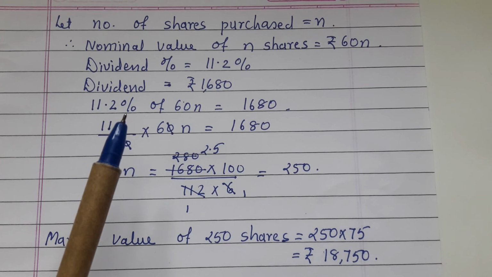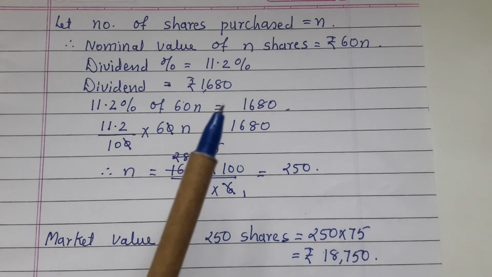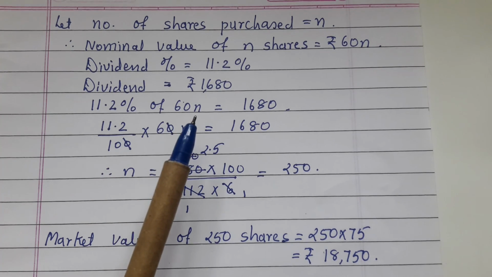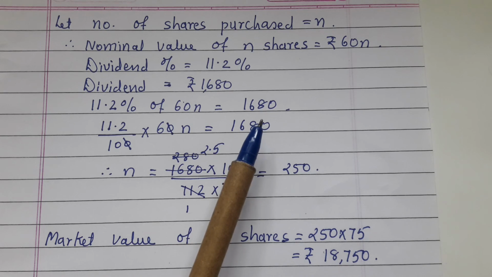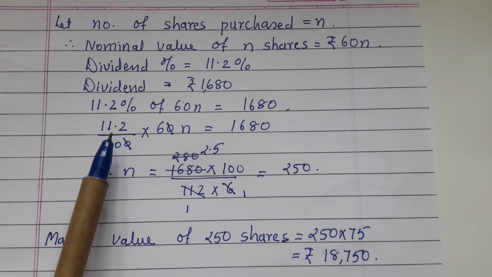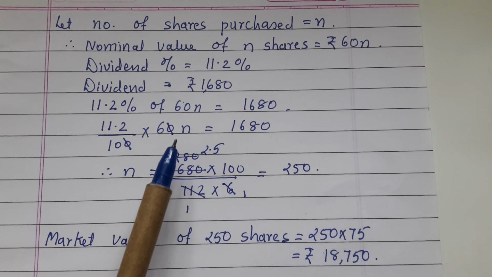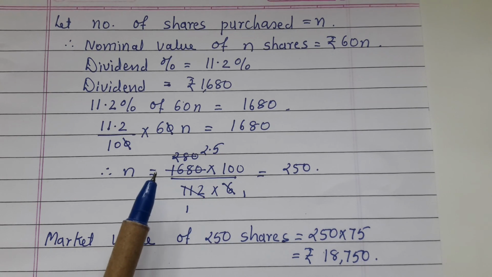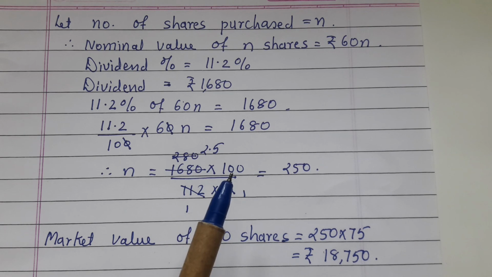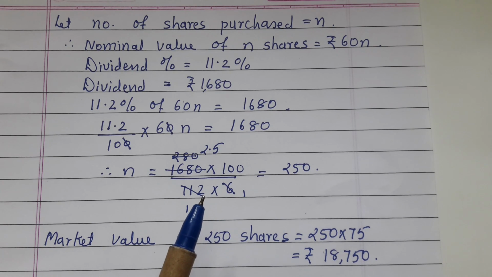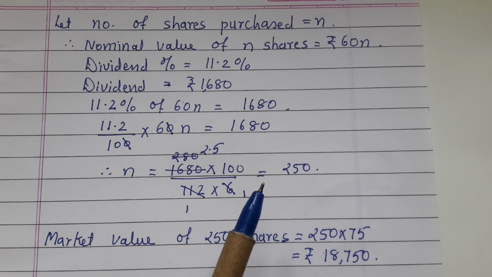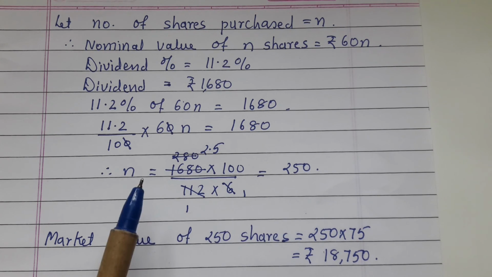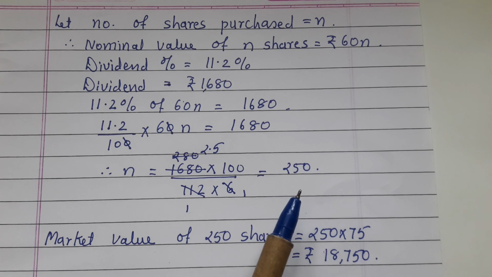Therefore, 11.2% of nominal value is equal to total dividend. 11.2% of 60n is equal to 1,680. 11.2 upon 100 into 60n equals 1680. n is equal to 1680 into 100 upon 11.2 into 60, that is equal to 250 shares. Number of shares equals 250.